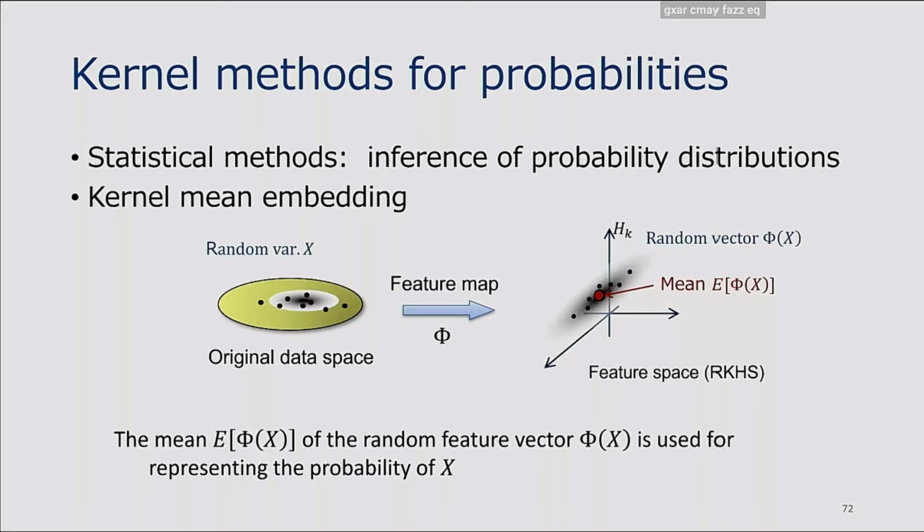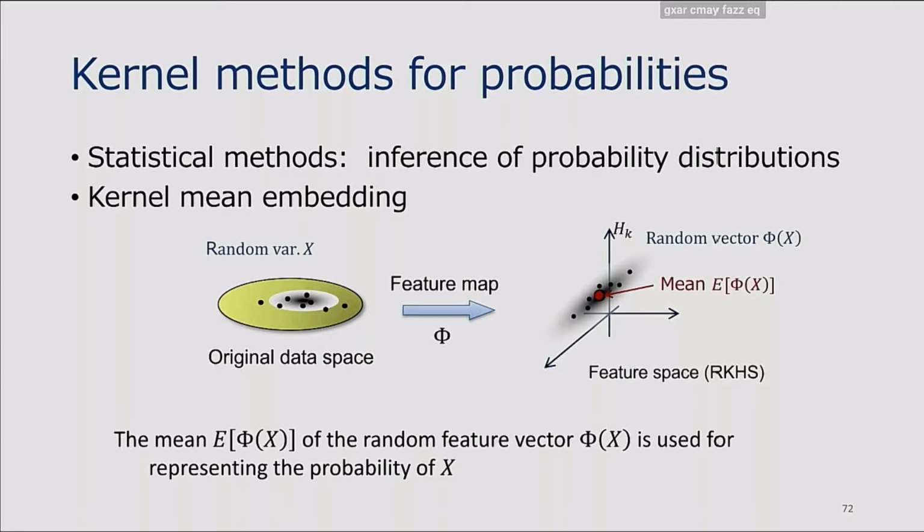In the kernel method, we often consider the feature vectors given by data points on the feature space. But in this methodology, we summarize the distribution of the data on the feature space by a single vector given by the mean of the distribution on the feature space.